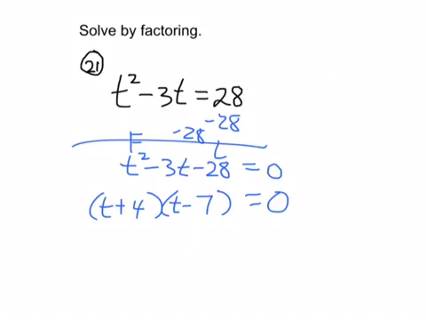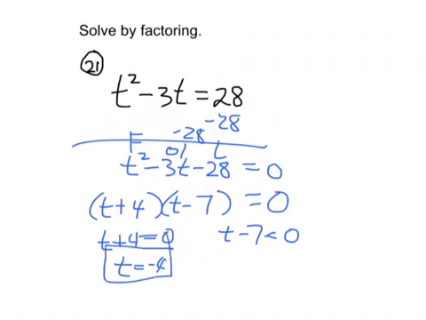Now we'll get negative 7t plus 4t is negative 3t, so all of FOIL works. Setting the parentheses equal to 0, t plus 4 equals 0, and t minus 7 equals 0. So subtract 4 from both sides, t equals negative 4, and add 7 to both sides, t equals 7. So we have our answers.